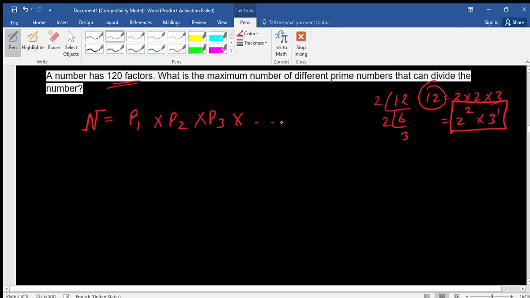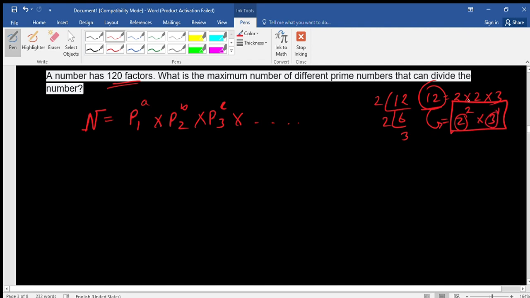It is unlimited, so you don't know how many prime numbers you can express the number in. And there should be some powers, like let's say this is a, this is b, this is c, so there are lots of powers. So I have expressed the natural number in terms of its prime factors, just like 12 is expressed by 2 to the power 2, 3 to the power 1. You can see 2 and 3 are also prime numbers.